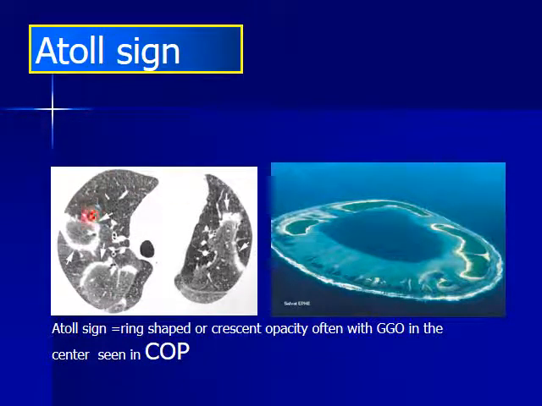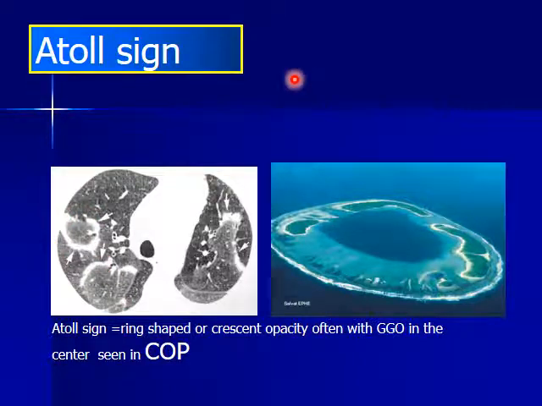Another sign in which ground glass is seen is called atoll sign. What is meant by atoll sign? It is, as you see, some types of islands containing water inside. You can see them from the aeroplanes, and the corresponding finding is a core of ground glass opacity surrounded by a crescent or ring shape, total ring shape of increased density.